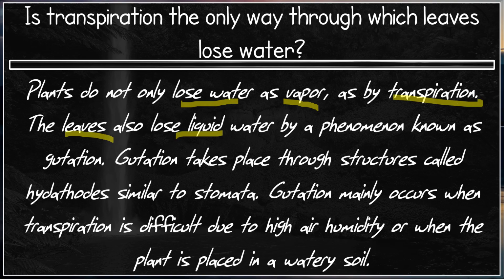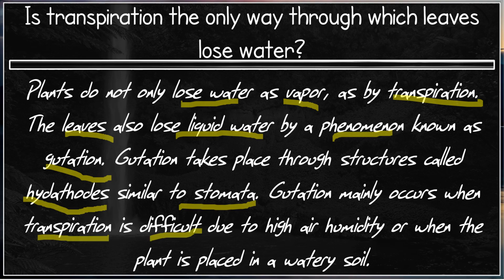Leaves also lose water in the form of a liquid by a phenomenon known as guttation. Guttation takes place through structures called hydathodes, similar to stomata. Guttation mainly occurs when transpiration is difficult due to high air humidity when the plant is placed in a waterless soil.